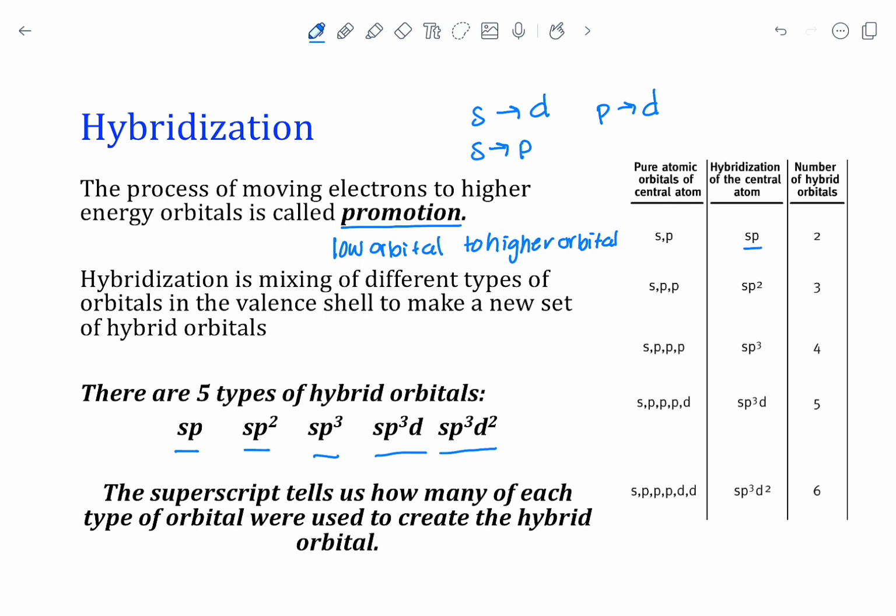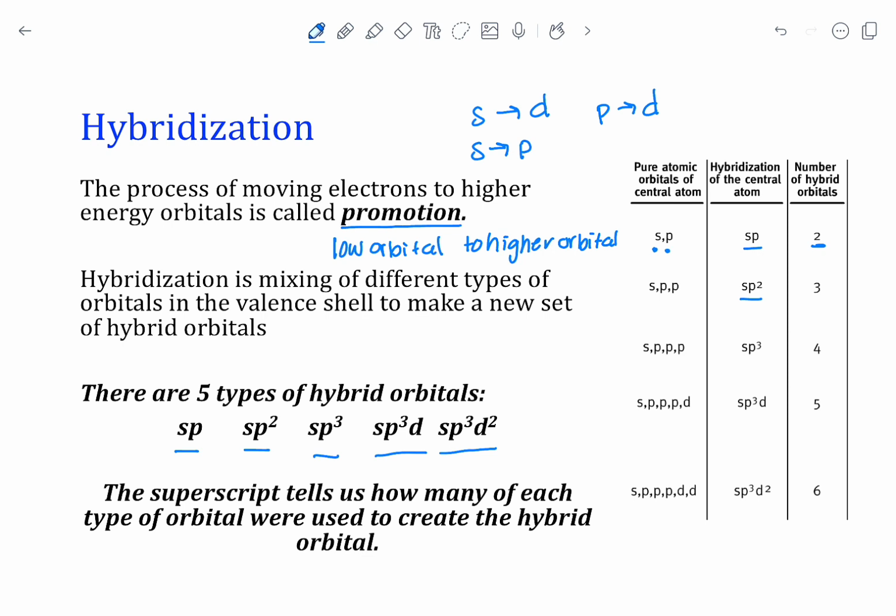So an sp hybridized orbital is made up of an s orbital and a p orbital from the central atom. The electrons that are forming bonds are in an s orbital and a p orbital. And we make 2 hybrid orbitals. So we make 2 sp hybridized orbitals.